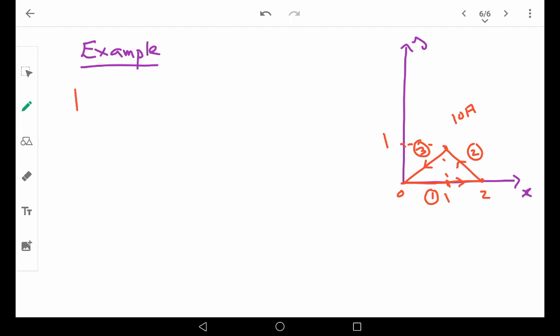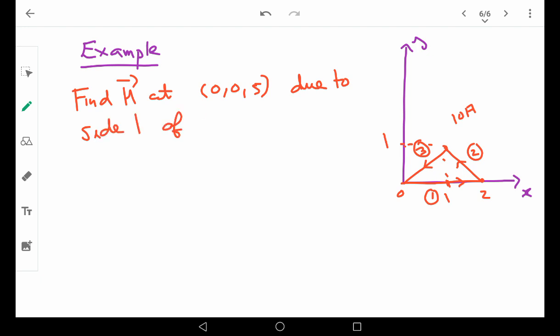You are asked to find the value of H at (0, 0, 5).